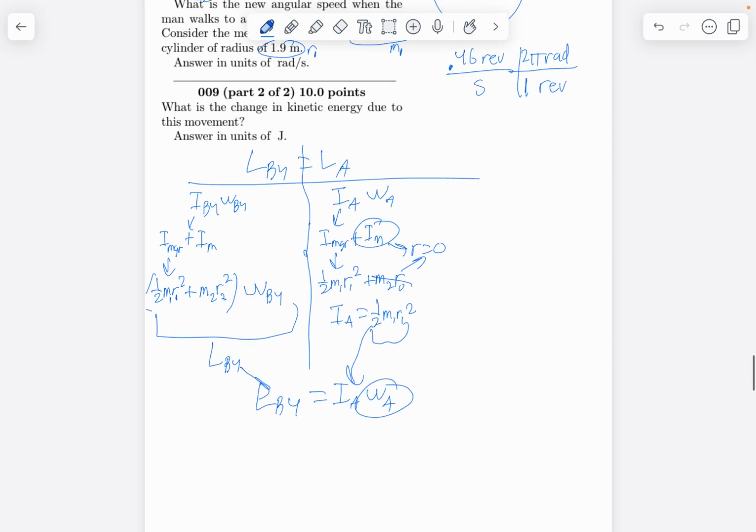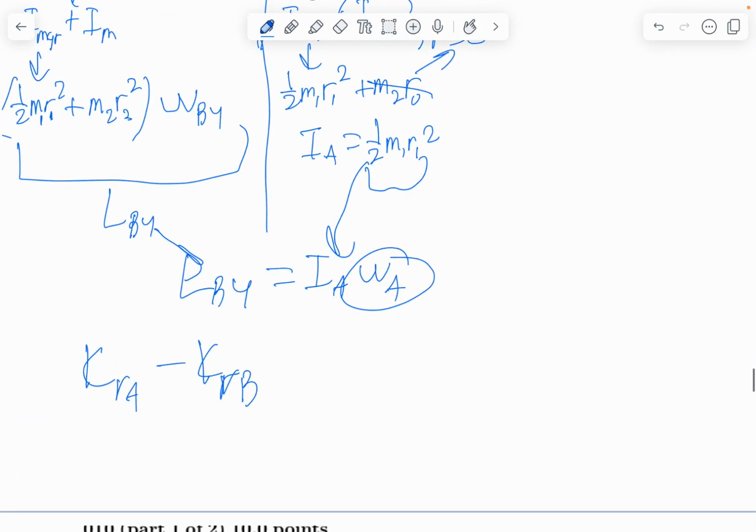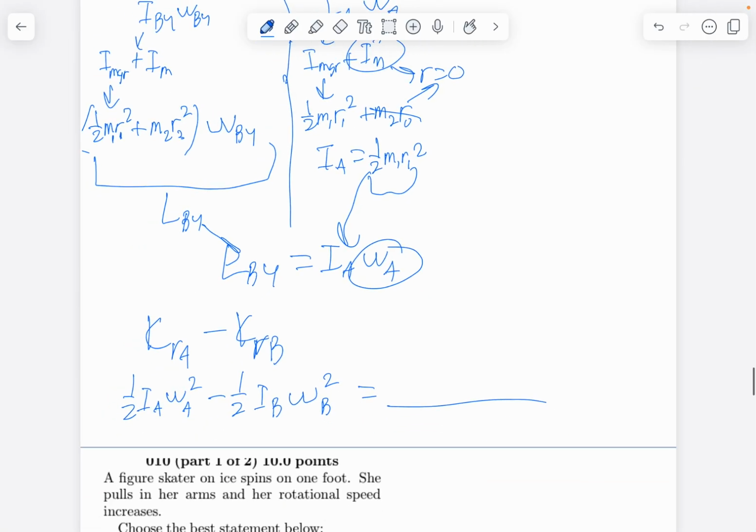We found the change in kinetic energy. So that is K rotational after minus K rotational before. And so then you'll do 1/2 I after omega after squared minus 1/2 I before omega before squared, and you'll get a number, and that number will be the answer you'll put in Quest.